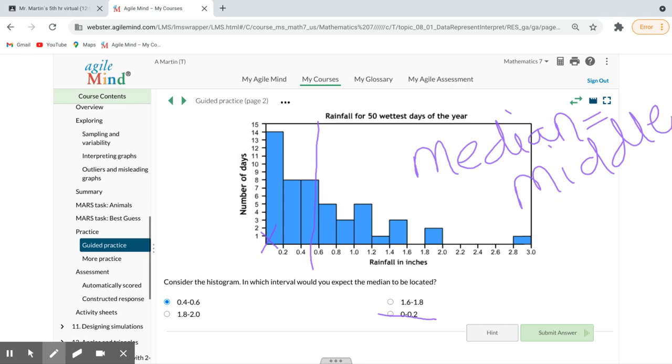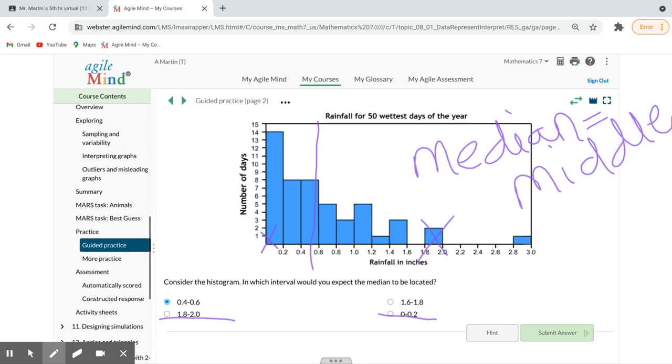Good job. So back at Angel, what's another one you could eliminate and why? 1.8 to 2.0, right, or whatever. Why? Because it's the minimum. Well, it wouldn't be the minimum. The minimum is the number that's the smallest in the data.